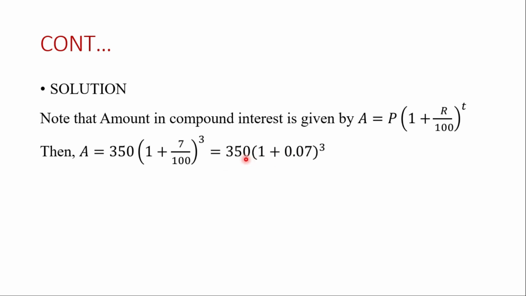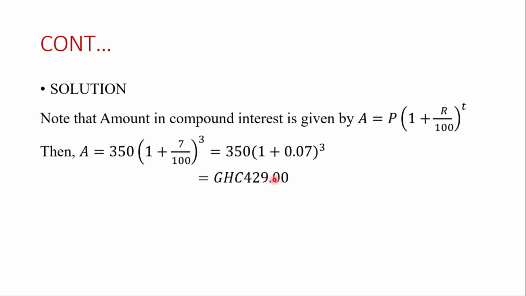So we just key it in. So 7 on 100 is going to give you 0.07, all to the power 3. When you do it using your calculator, your compounded interest plus the principal is 429 Ghana cedis.